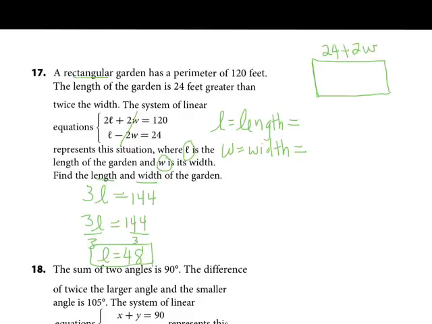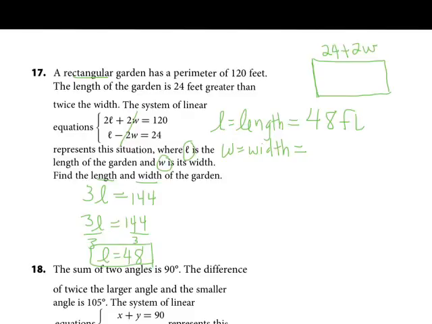So I can put that answer right here. I'm bringing that 48 for the length, and I'm going to write that right there. So my length, I know it now, it's 48 feet. That was easy enough. Now to find my width, I am going to need to take that 48 and transfer it either into my first equation or into my second equation.